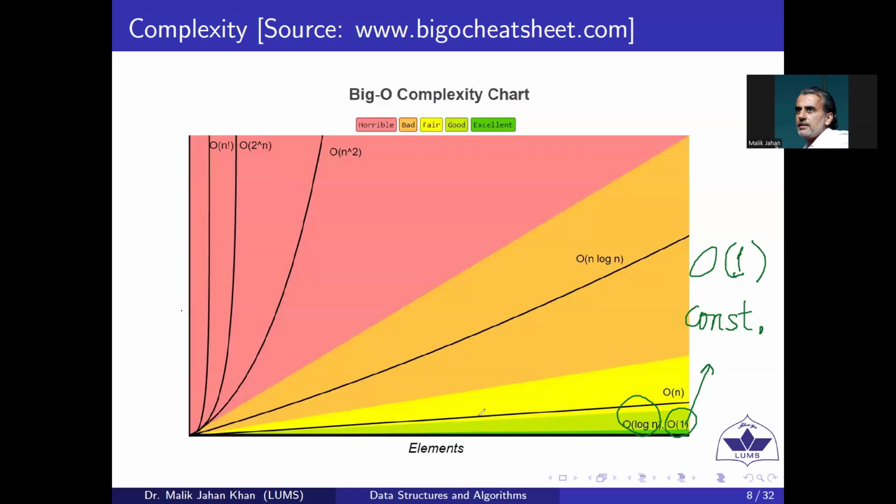If something takes big O of n, it's like in the yellow region, visually over here, which means that this is not as good as the green, but still it's okay. Then n multiplied by log n is a bigger number than big O of n, but n squared or 2 raised to the power n or n factorial are going to be horrible numbers if we try to imagine them for large n.